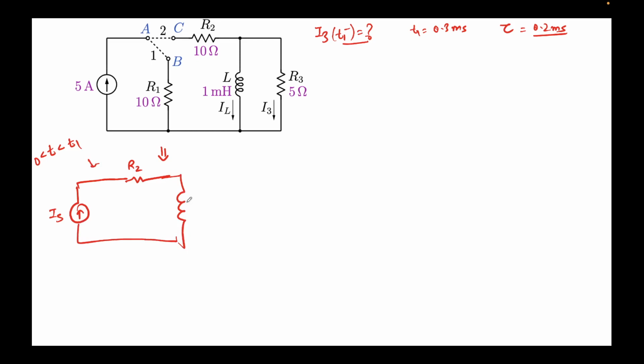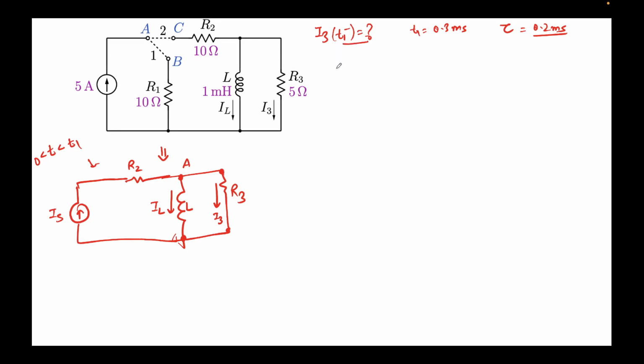This will be L, and this will be your R3. This is the current flowing through here, I3, and this is the current flowing through here, IL. Again, let's call this node A. We are interested in finding I3.